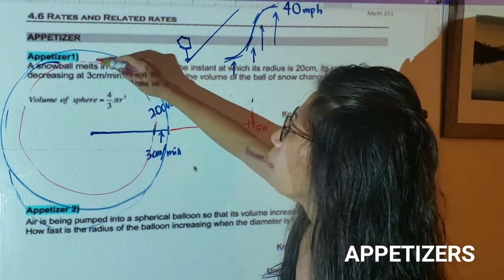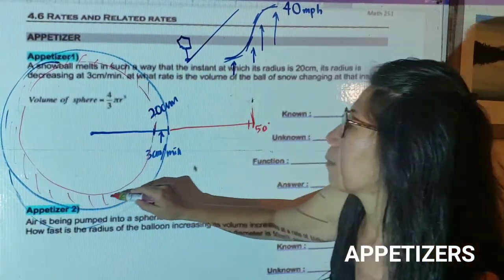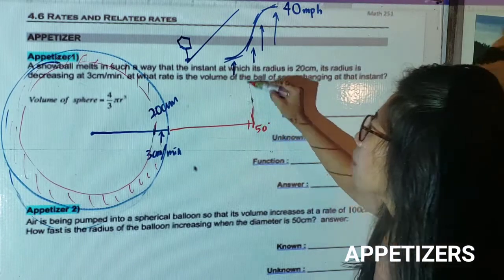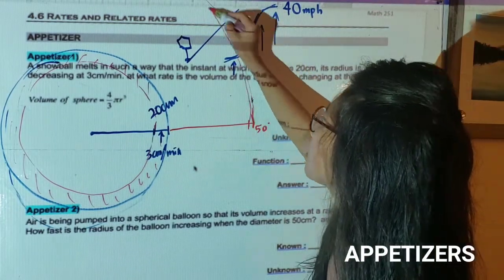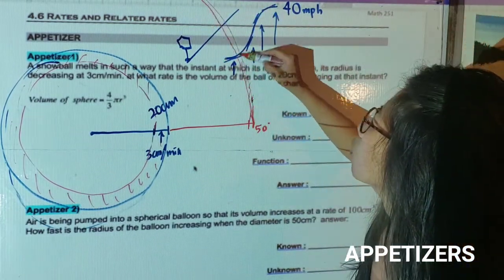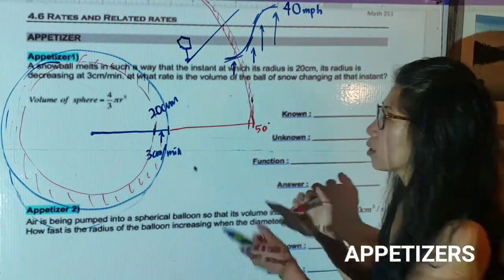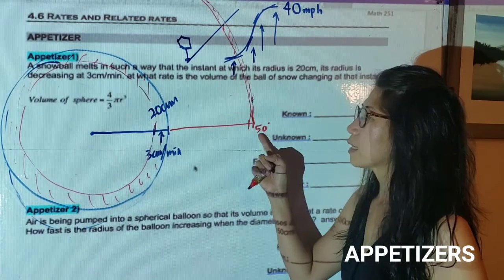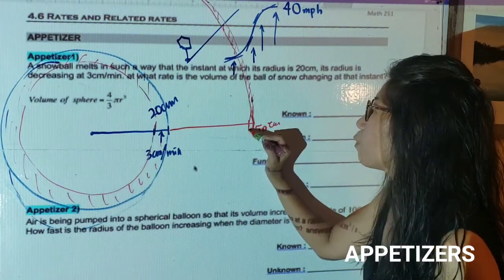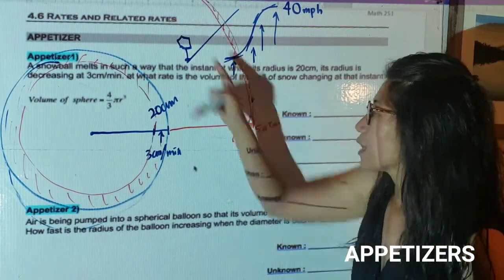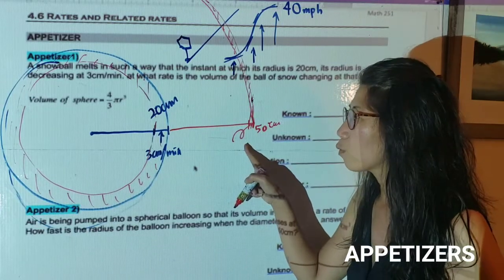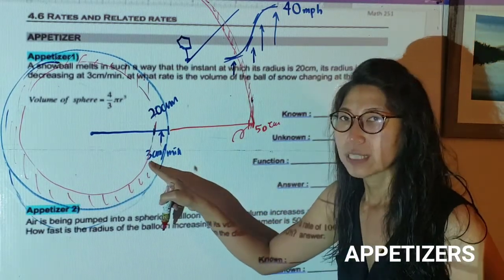So the volume that melts in 1 minute at a radius of 50 has to be the same as at a radius of 20. That means if you have 50 centimeters as your radius, the rate at that moment will definitely be less than 3 centimeters per minute.